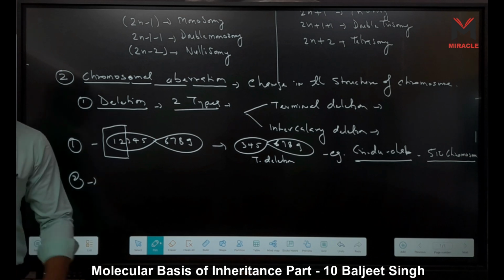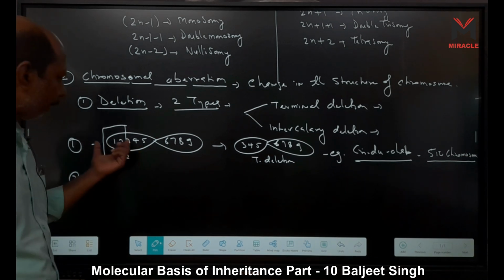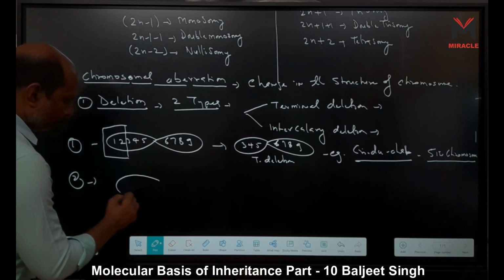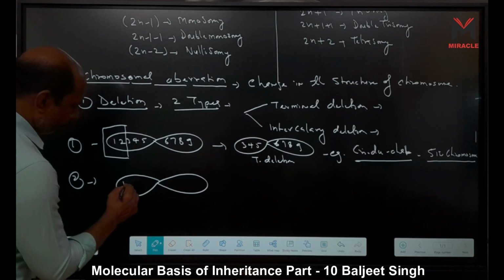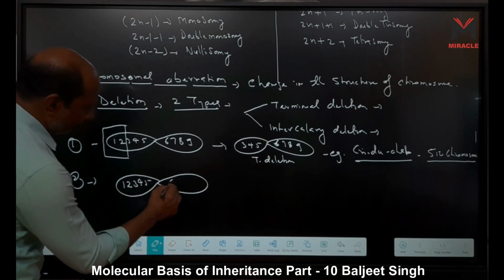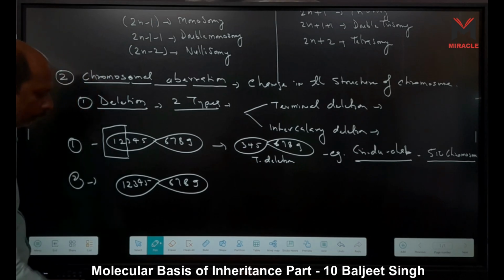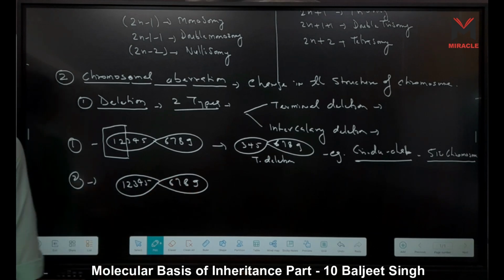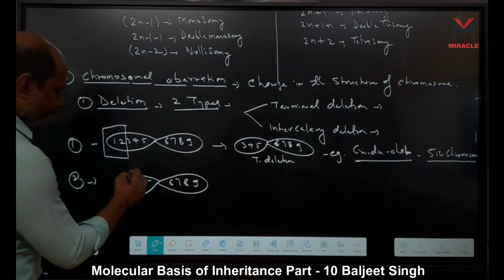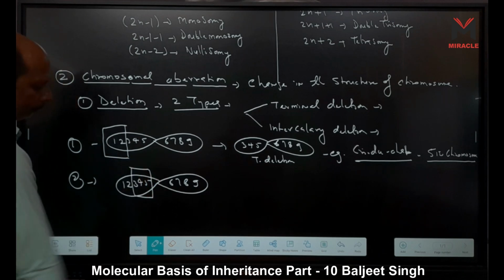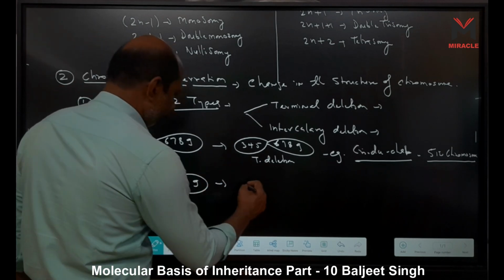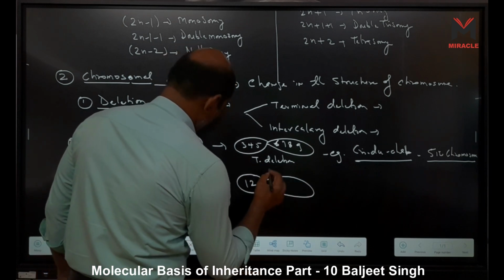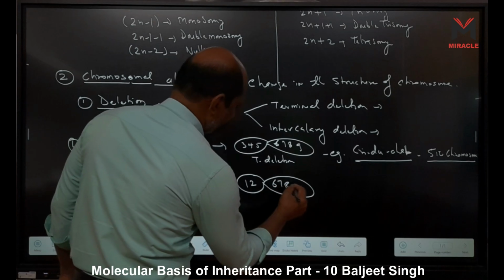Intercalary means if the deletion occurs not at the terminal side but at a central position in between, right? As for example here, same chromosome I write here 1, 2, 3, 4, 5, 6, 7, 8, 9. Then what happens here? It is not the terminal part, not 1, 2 or 8, 9, but in the middle. Suppose that this part is deleted. Now new chromosome becomes 1, 2, then 6, 7, 8, 9.